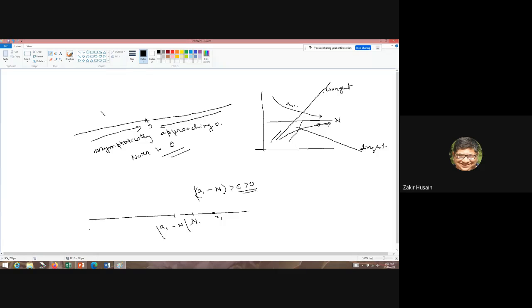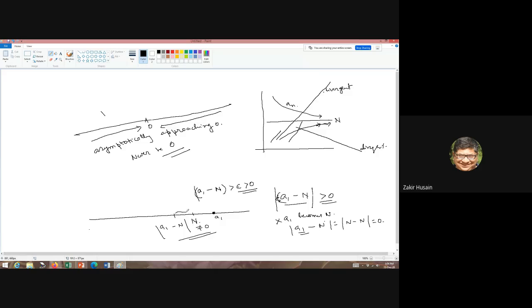If you take the absolute value, this is not zero. Basically, that's what we are trying to see. If you take a1 minus n, if a1 becomes n, then what will this be equal to? What we are saying is a1 will never become n. How can we ensure that? That the gap between a1 and n is never equal to 0.